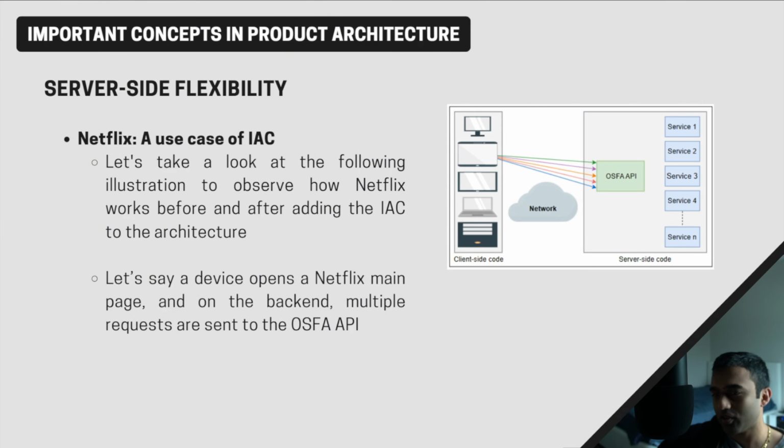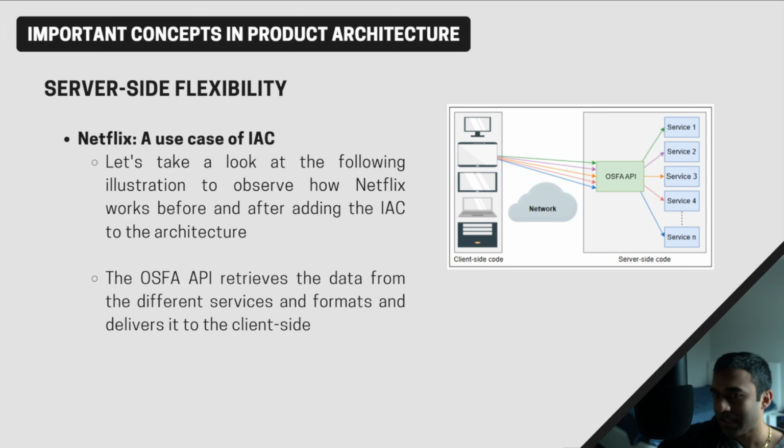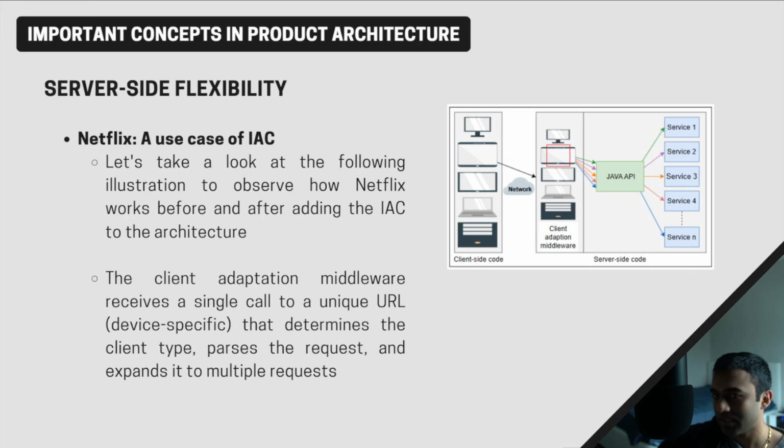Let's say a device opens a Netflix main page, and on the back end, multiple requests are sent to the OSFA API. Then the OSFA API retrieves the data from the different services, formats it, and delivers it to the client side. And the client adaptation middleware receives a single call to a unique, device-specific URL that determines the client type, parses the request, and expands it to multiple requests.